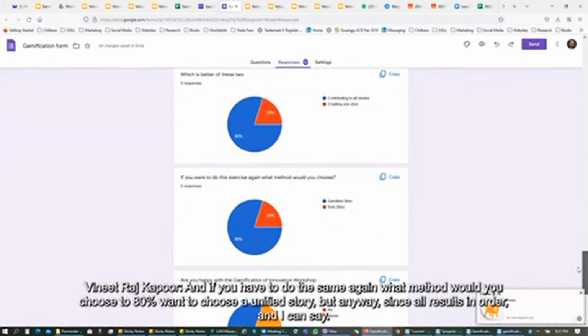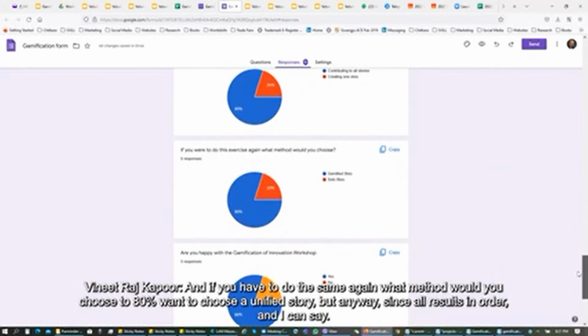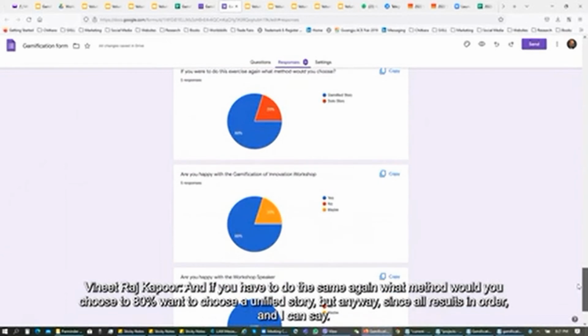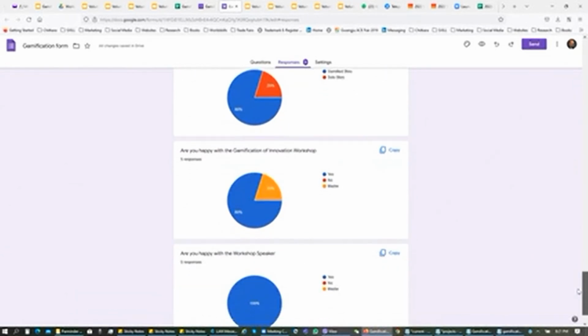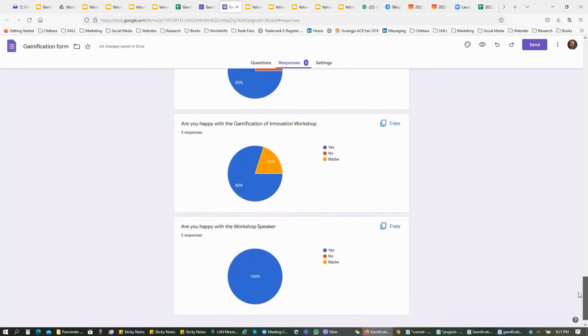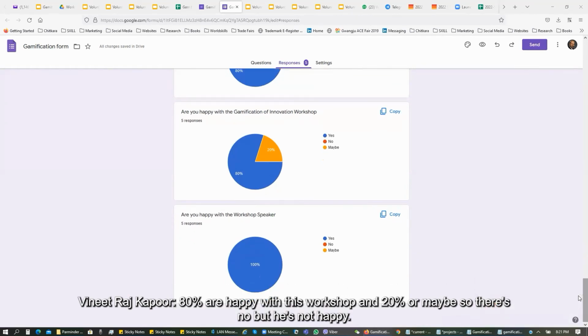And if you have to do this exercise again, what method would you choose? 80% want to choose a gamified story. But anyway, since all results are not in, I can't say. 80% are happy with this workshop and 20% are maybe. So there's nobody who's not happy.